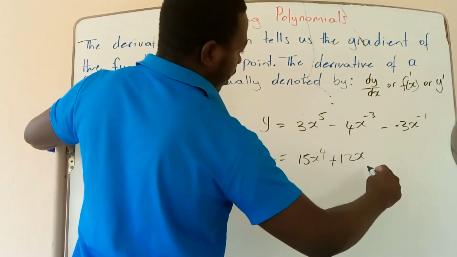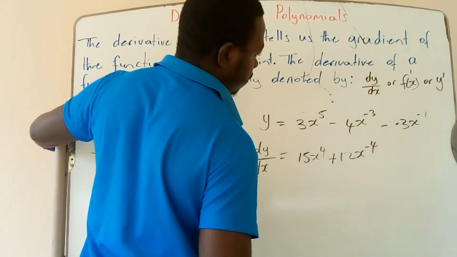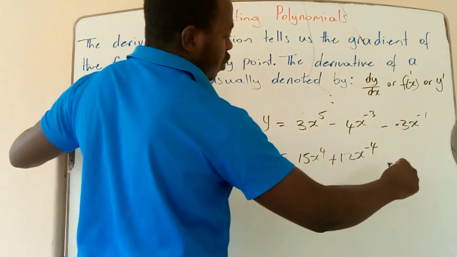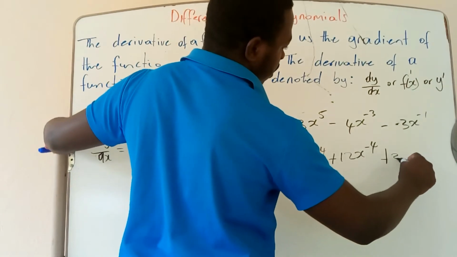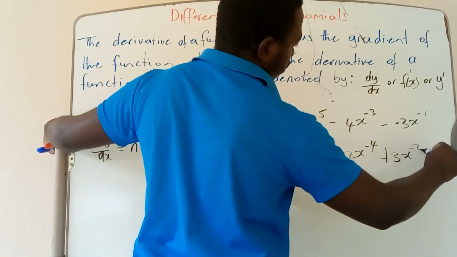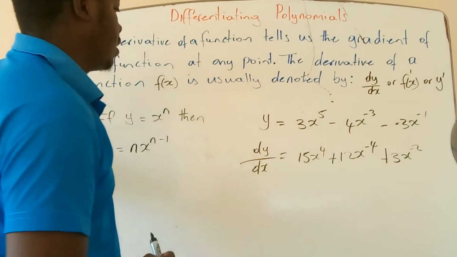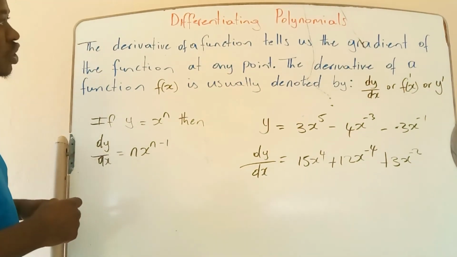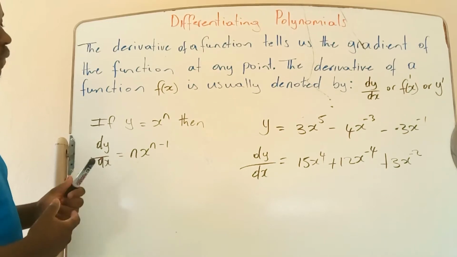Negative 3 minus 1 gives you negative 4. Now again, negative times negative is going to become plus, so this is going to become plus 3x to the minus 2. And that's it. That's how you use the power rule to differentiate polynomials.